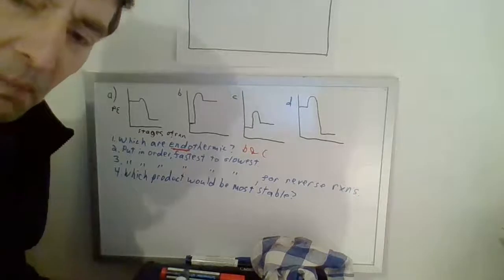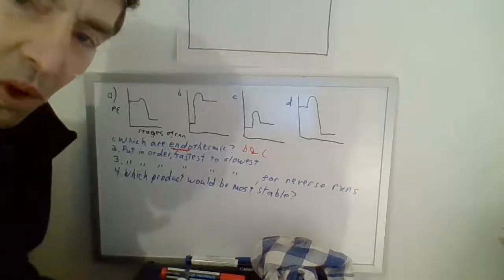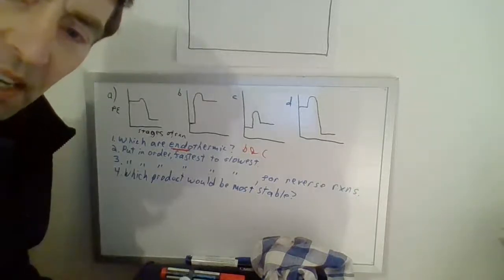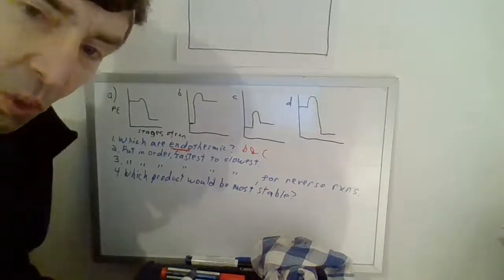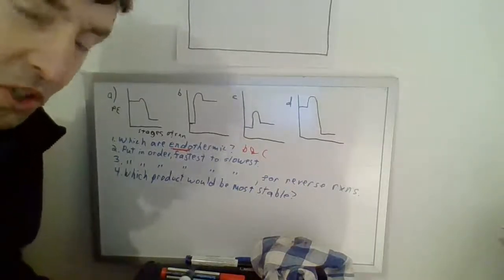Okay, I'm going to randomly pick somebody for the fastest one. So how about Lola? Lola, what would you guess is the fastest one of A, B, C, or D?